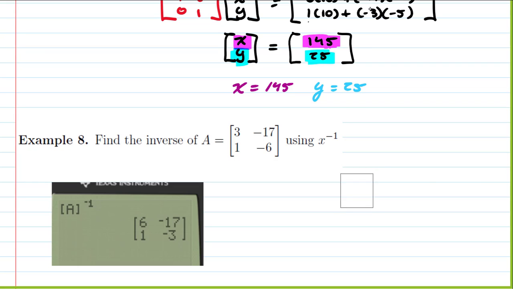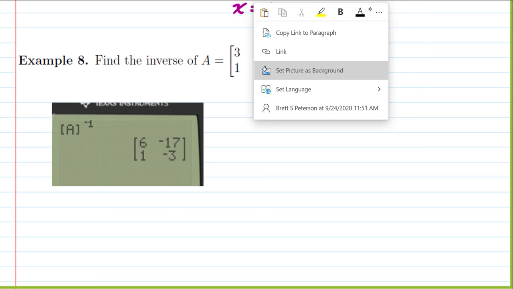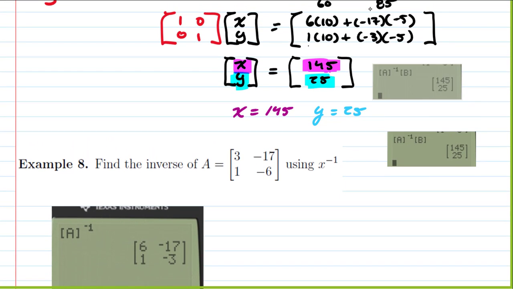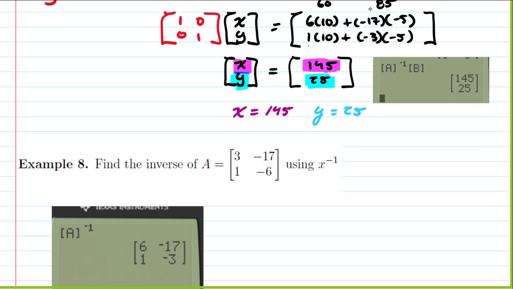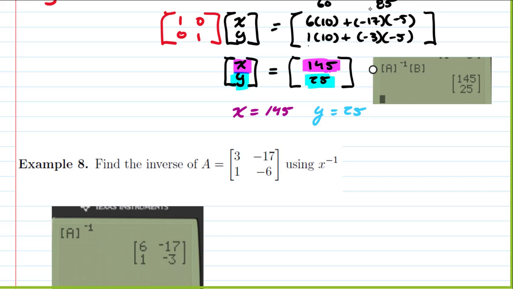Oh, well that kind of looks familiar actually. This gave us the same values, 145 and 25, that we got essentially doing it all by hand, right?